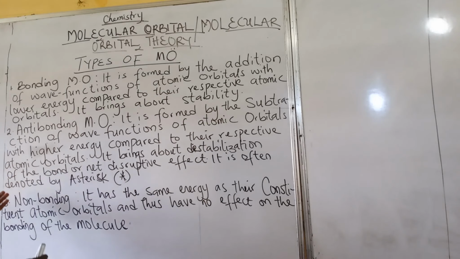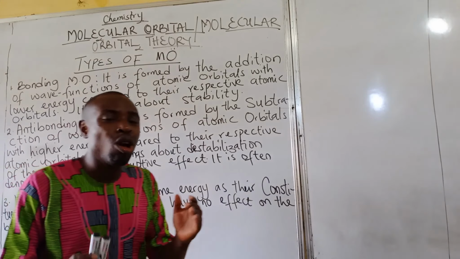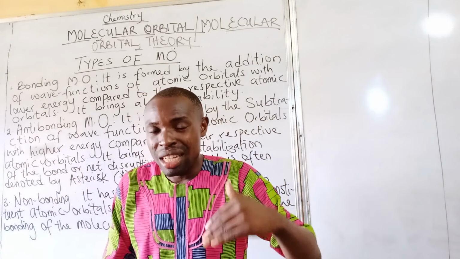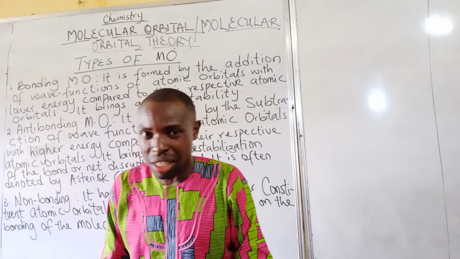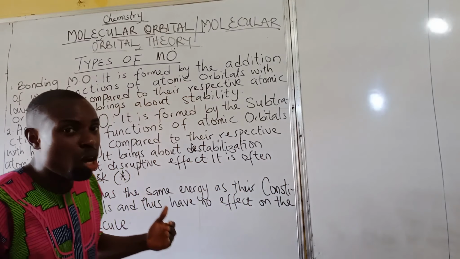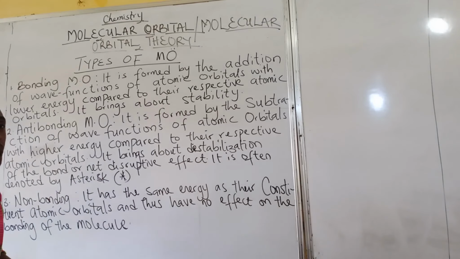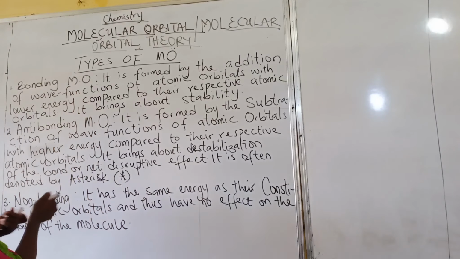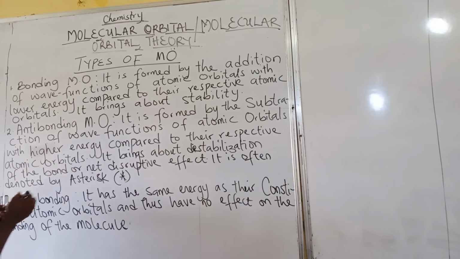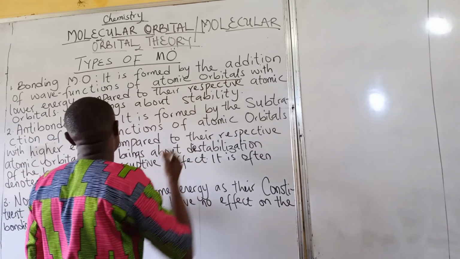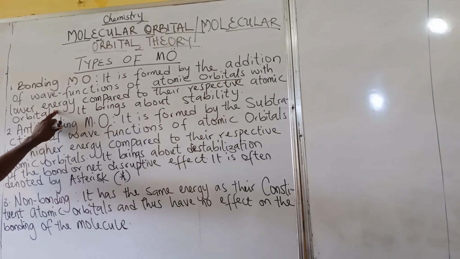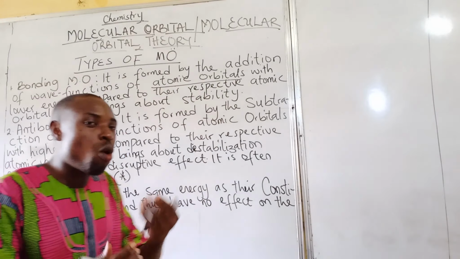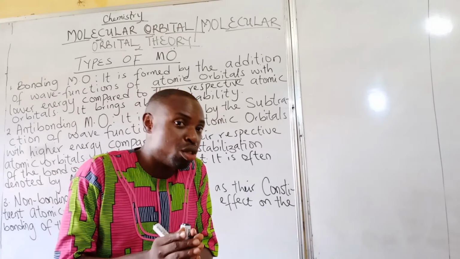Now, question: what is a bonding molecular orbital? Very simple. The opposite of what I'll be telling you now under bonding is that of the anti-bonding. In the case of the bonding molecular orbital, we said that it is formed by the addition of wave functions of atomic orbitals, with lower energy compared to the respective atomic orbitals from which they were formed.